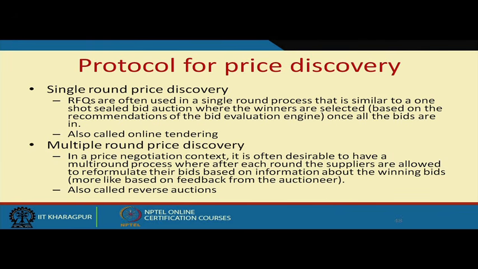Then the second category is called multi round price discovery. As I was telling you, in case of the traditional process, after the tendering is over, at least the first 3 winners, the L1, L2 and L3 vendors, are called for negotiation over the table, and the price is brought further down after discussion, after proper negotiation.